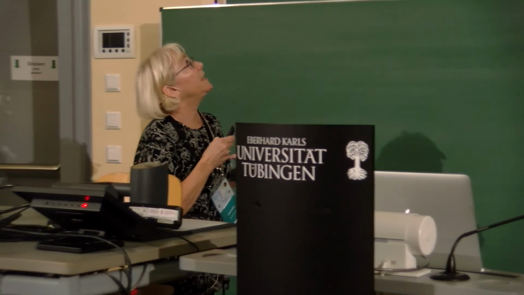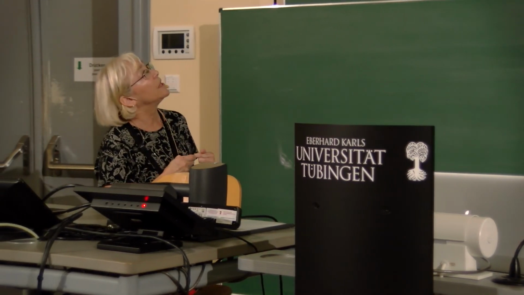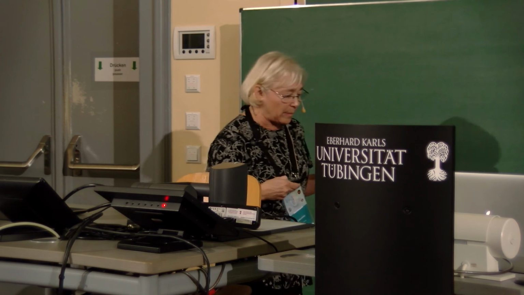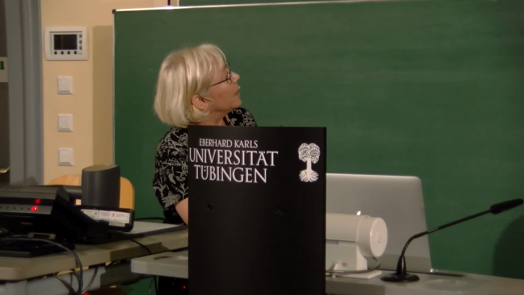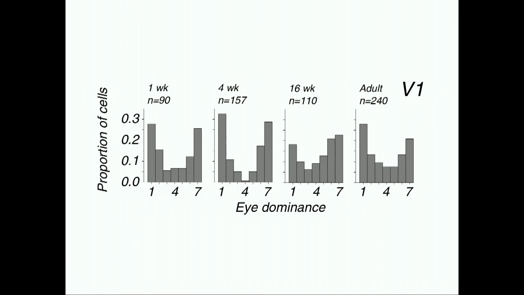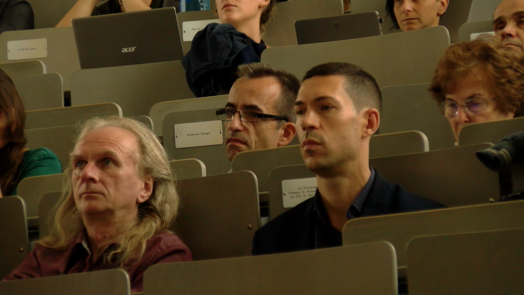And what you can see here is proportion of cells as a function of eye dominance, as a function of age. These are histograms from a number of animals taken at each age, recorded from 1 week up to adult. And what you can see is that the basic distributions in macaque monkeys of ocular dominance do not change with age.